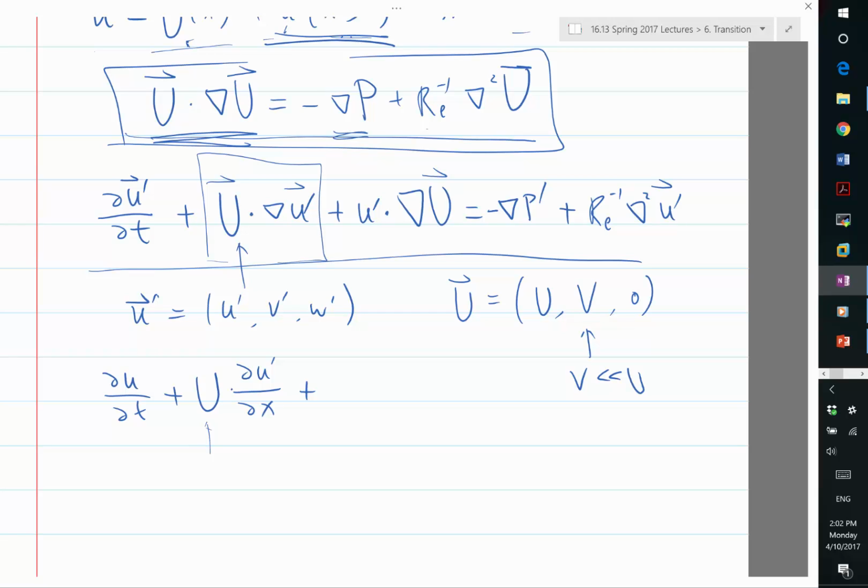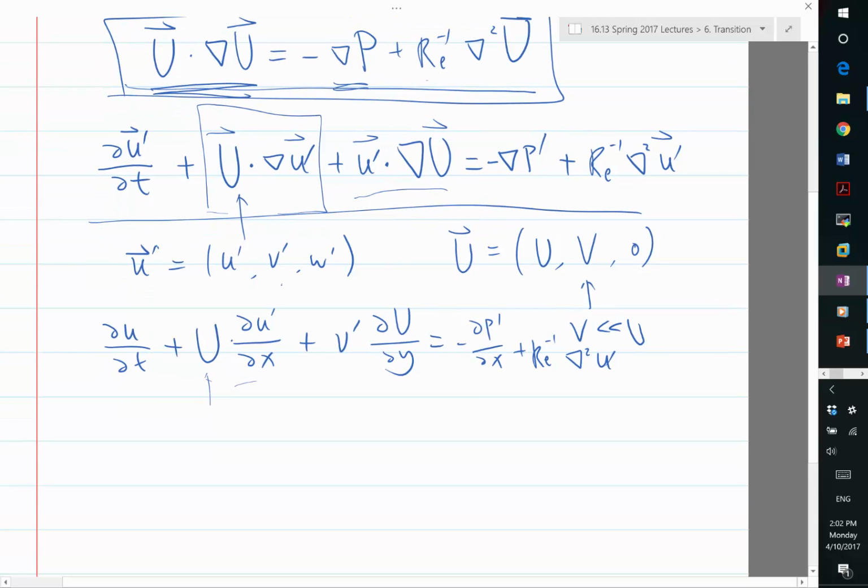It may have a wave-like structure in the x direction, so we cannot ignore this term. And the only significant term in this one is the v prime. V prime is in this direction. And that is because partial big U, partial y is not negligible, right? This is a very large term. So this is equal to minus partial p prime, partial x, plus Re inverse times Laplacian of u prime.